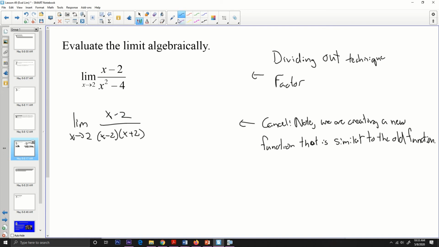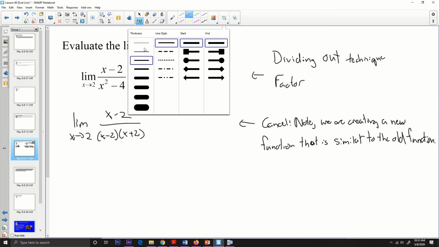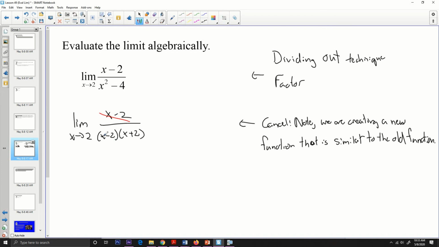So what I'm going to do here is cancel out this factor x minus 2, and my new function as x goes to 2, when I cancel those out, I'm going to get 1 over x plus 2.